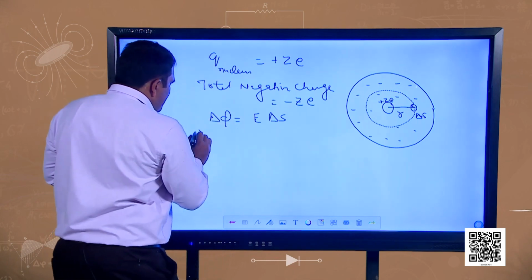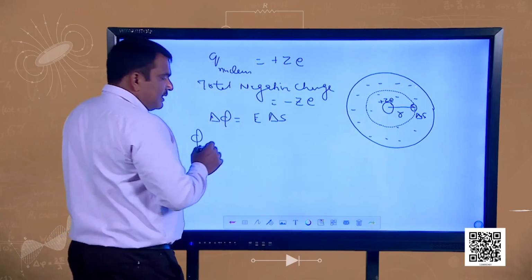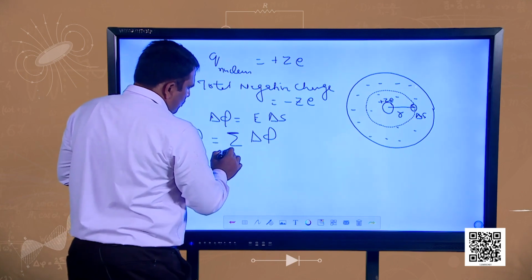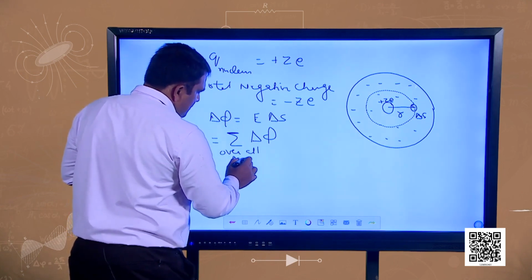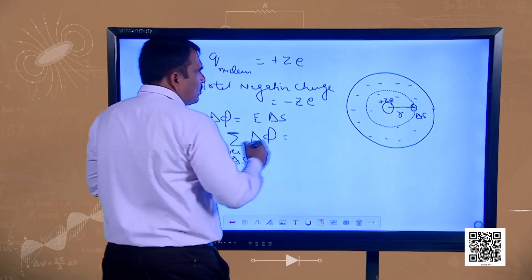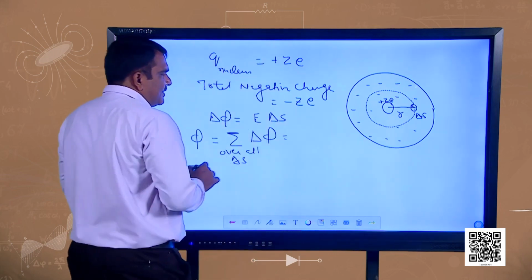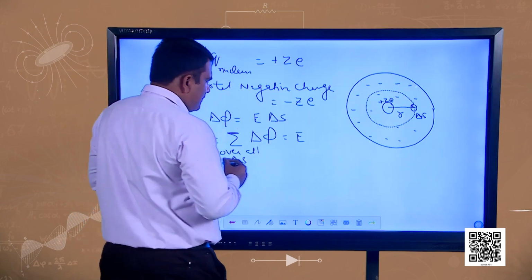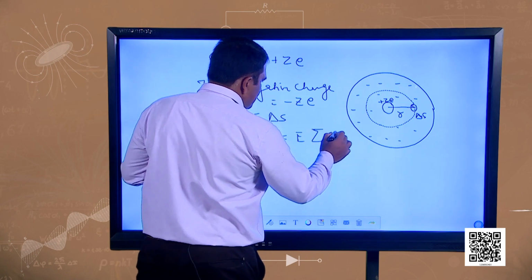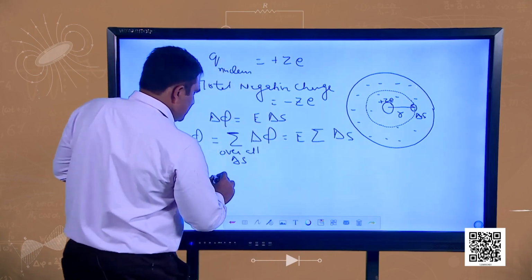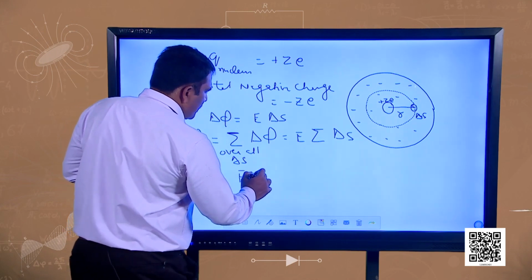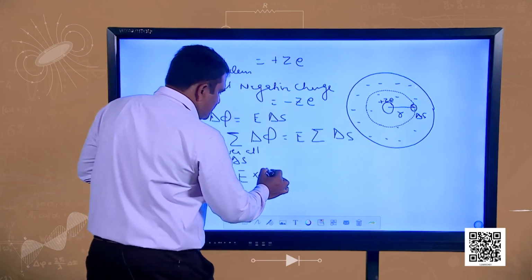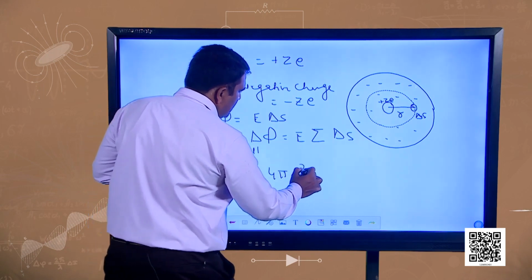Now to find total flux, let us sum over flux of all the area elements, over all delta s, and because all the points of Gaussian surface are equivalent, we can take E electric field outside the summation sign, it becomes E sigma delta s, and summation of delta s over the whole Gaussian surface will give you the total area of the Gaussian surface, which is 4 pi small r square.